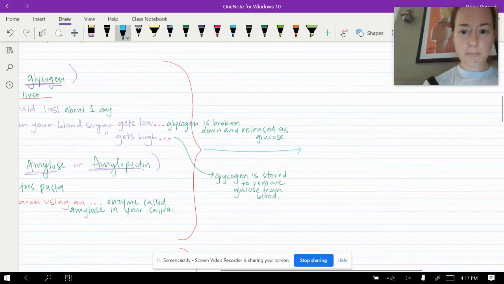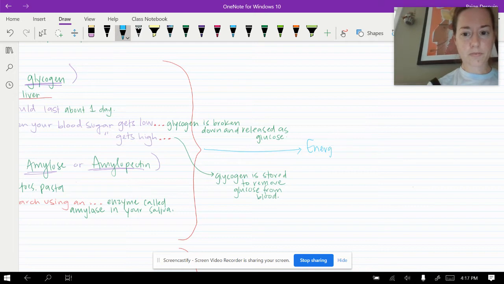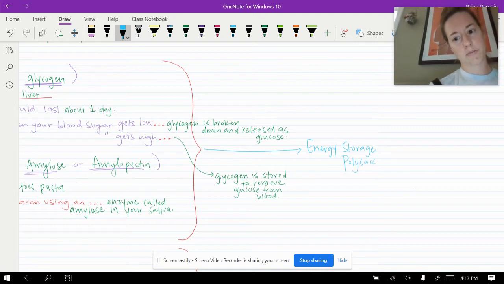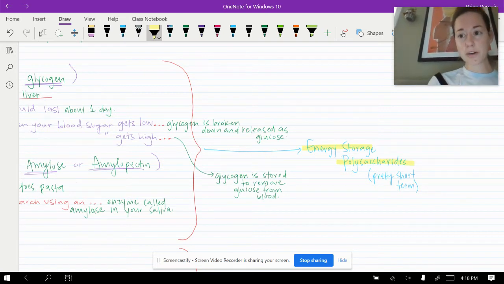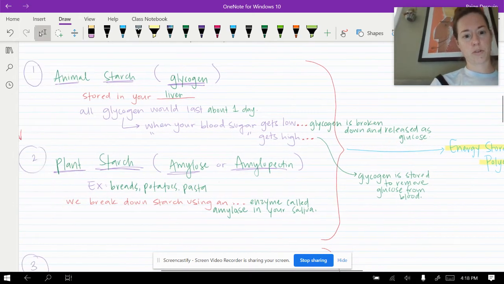So this is energy storage polysaccharides, but they're still considered to be pretty short term in terms of energy. The last two we're going to talk about are slightly different. So we'll go over here to talk about it.